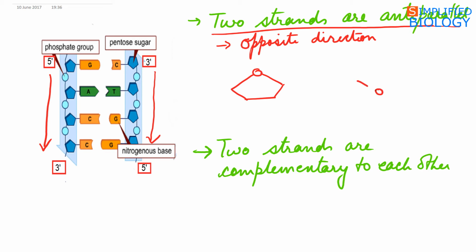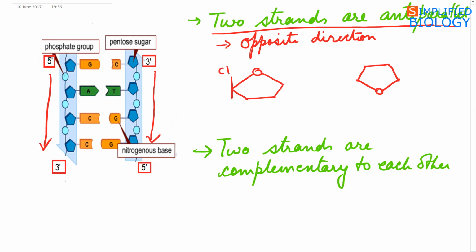In one strand, the sugar is present this way. Its 5' carbon is towards the upper end and 3' carbon is towards the lower end. This is the 5' 3' strand. While in the other strand, the sugar is present this way, where the 5' is present below and the 3' present above. This is the 3' 5' strand.